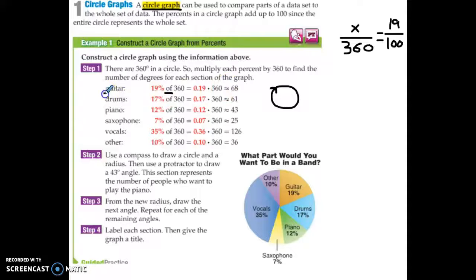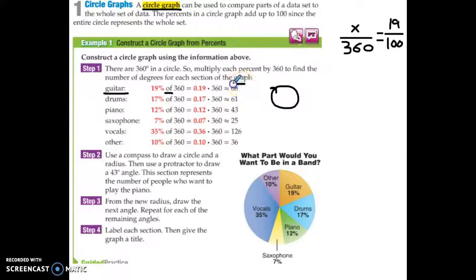So this section of the circle, the guitars of my problem down here, is going to be 68 degrees. The drums is 17%, so I do 0.17 times 360, and that's going to be a 61 degree angle. Piano will be 12%, which will turn into a 43 degree angle.